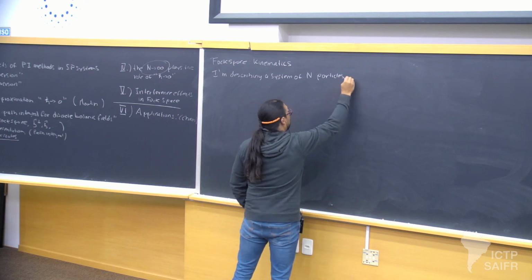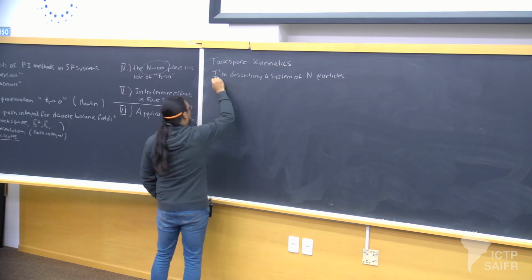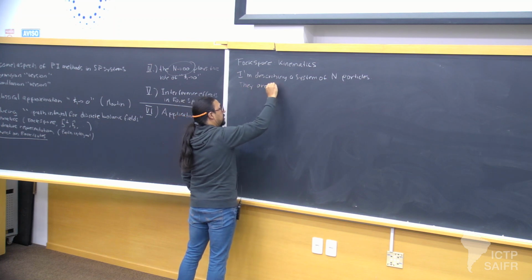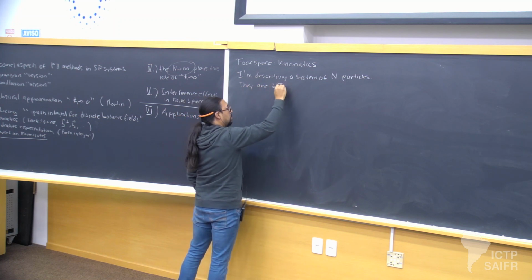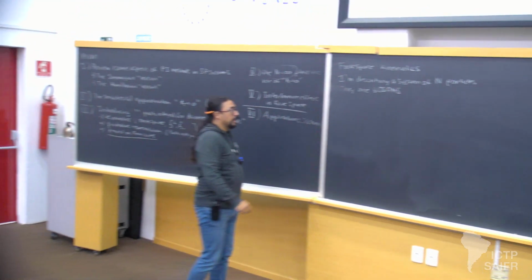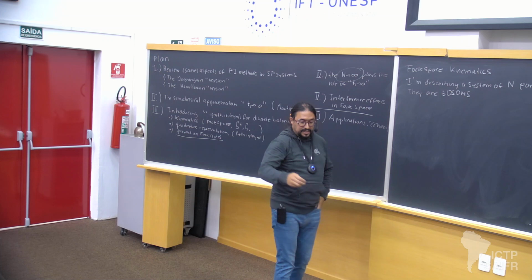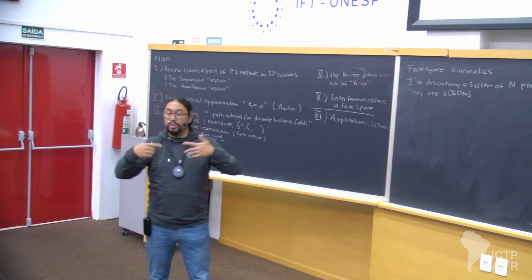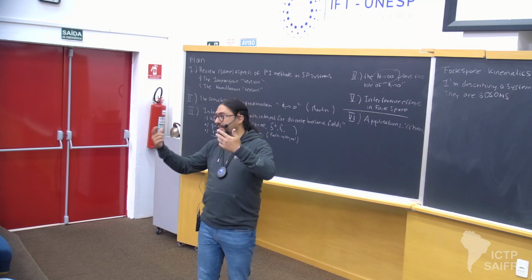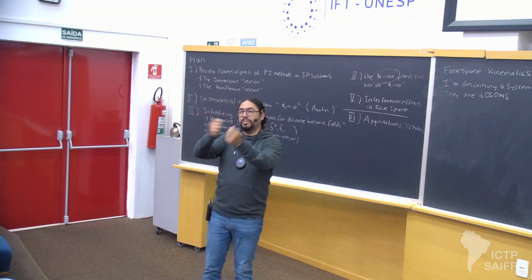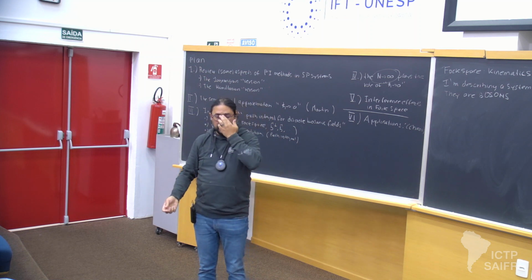And they are bosons. First keyword. So you have a bunch of particles, and I'm telling you they are bosons. Then you know that the quantum mechanical states have certain properties under permutation of the indexes of the particles.